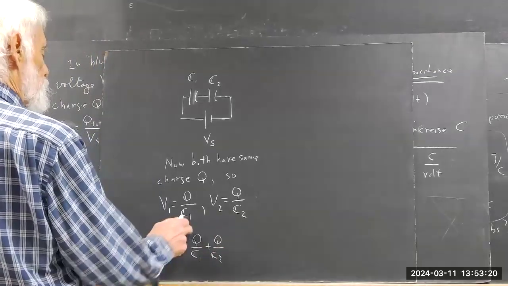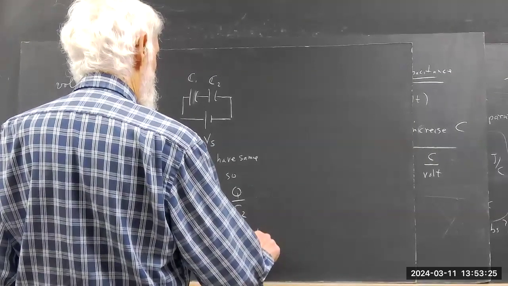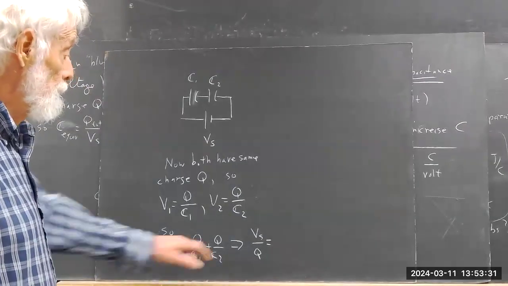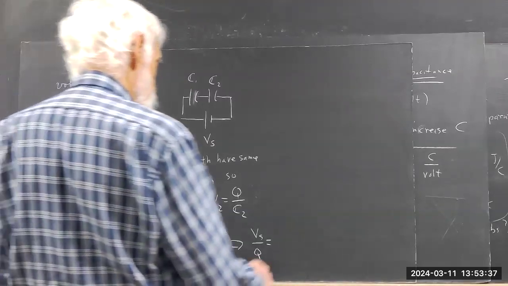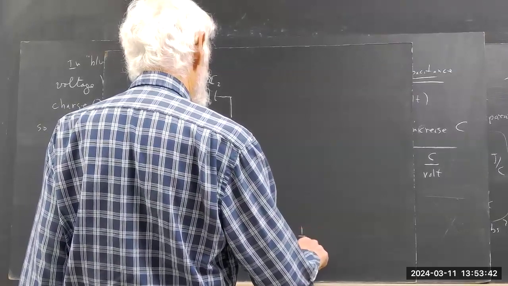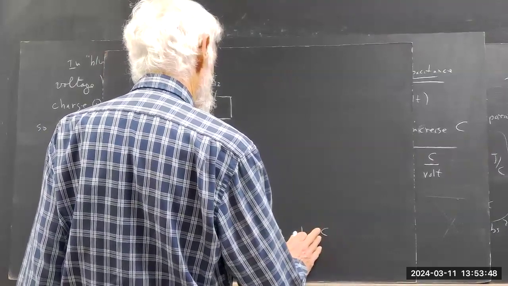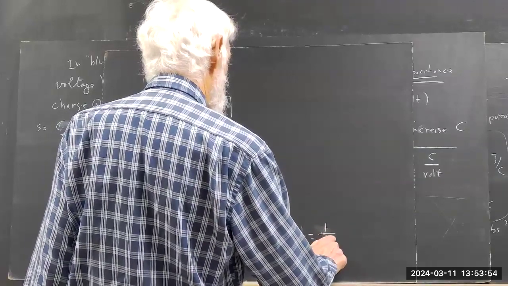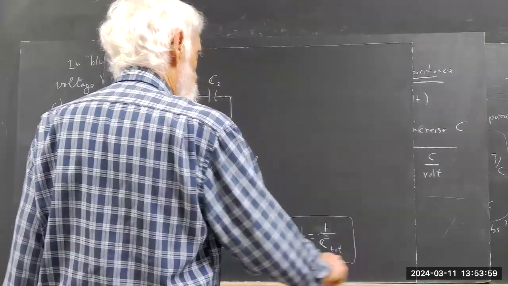so the voltage across the source is Q over C1 plus Q over C2, which implies the voltage of the source divided by the stored charge Q is 1 over C1 plus 1 over C2. That equals 1 over your total capacitance.